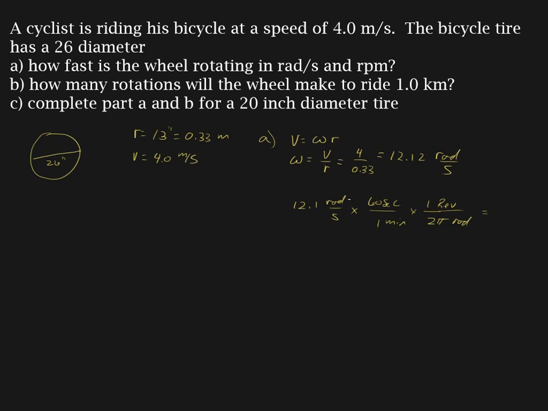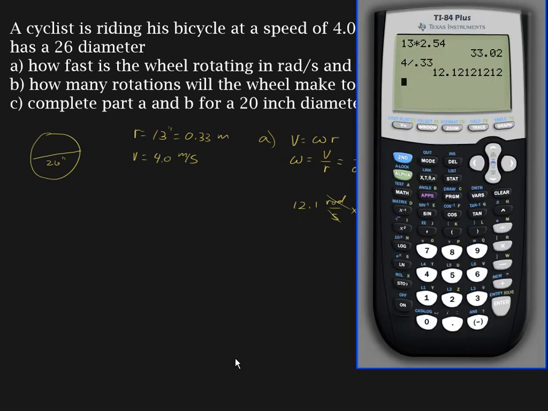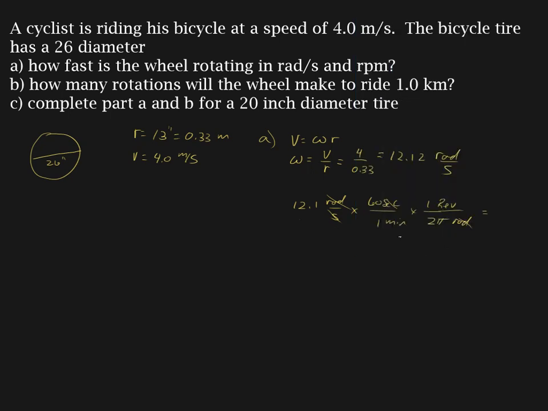We can cancel out our radians, we can cancel out the seconds, and now we're left with revolutions per minute. So this is 12.1 times 60 divided by 2 pi, and that's going to be 115 revolutions per minute.